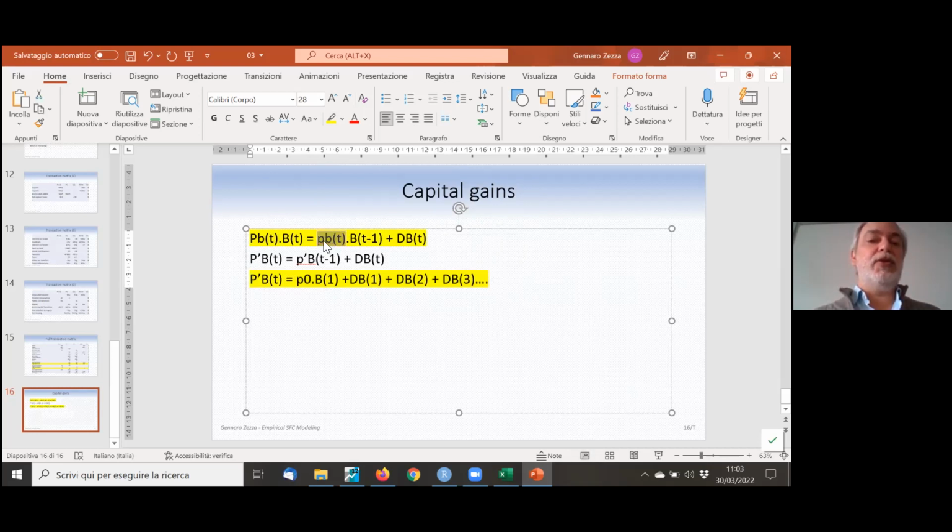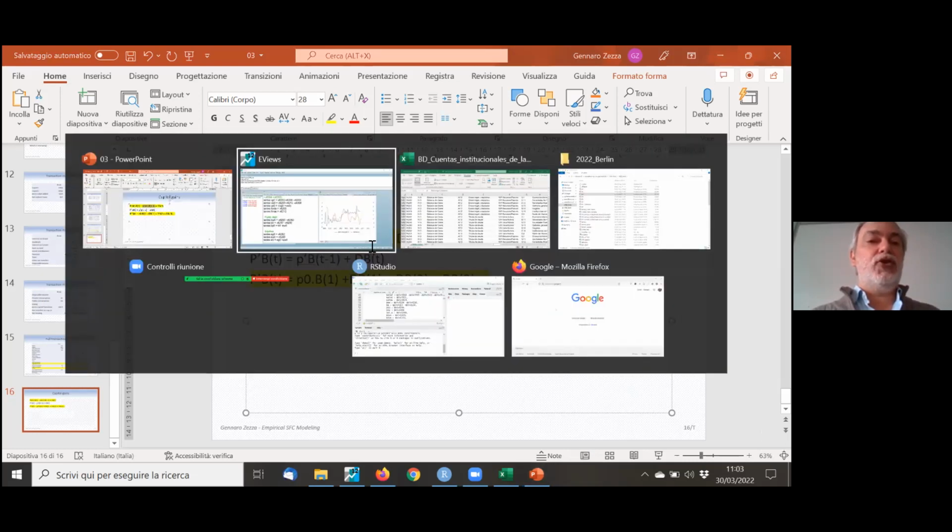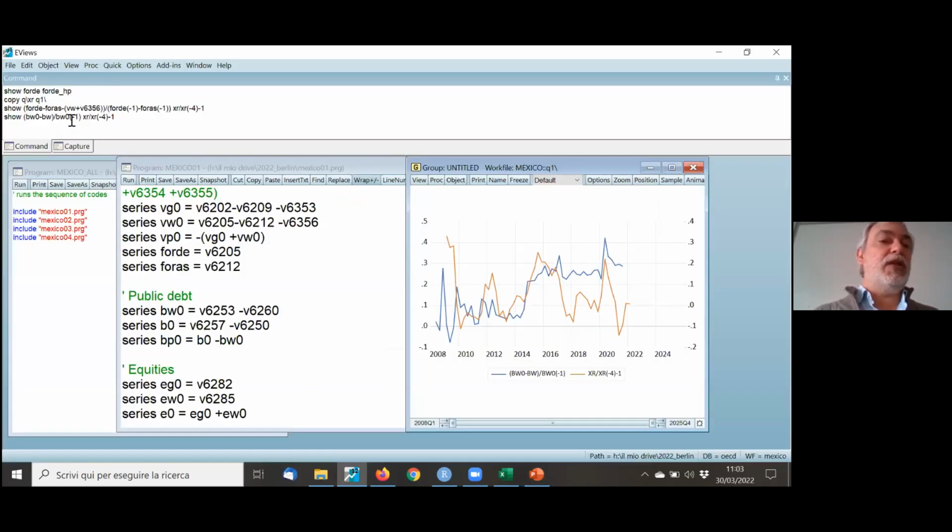So by subtracting the third line from the first line, what I should obtain is a measure of the increases due to the change in the price, and by dividing them by the opening stock of bonds, I should get a measure of the exchange rate.